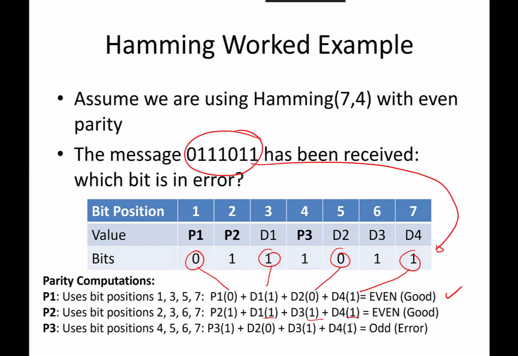That's even as well, that's good. But our final one, these last 4 bits, gives us 1, 0, 1, 1, which is an odd number, so that one's in error. So now what we want to do is look at what bit only corresponds to that last parity bit calculation. And if we look at them, it's bit 4, which is parity bit 3. So we know that this bit, bit 4, is in error.